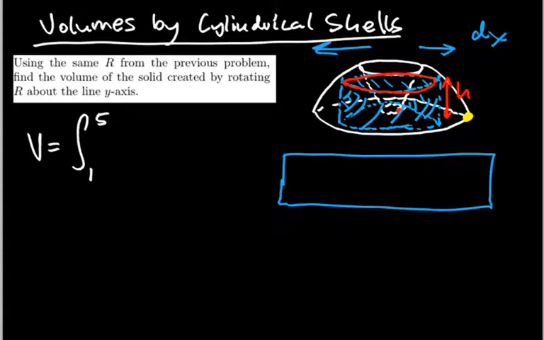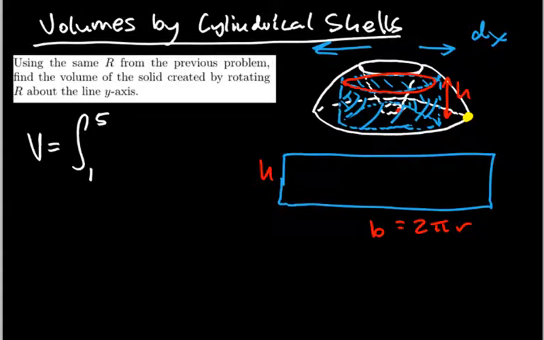And then there's a height, and then a base. The base is actually the distance around a circle, so 2 pi whatever r is.